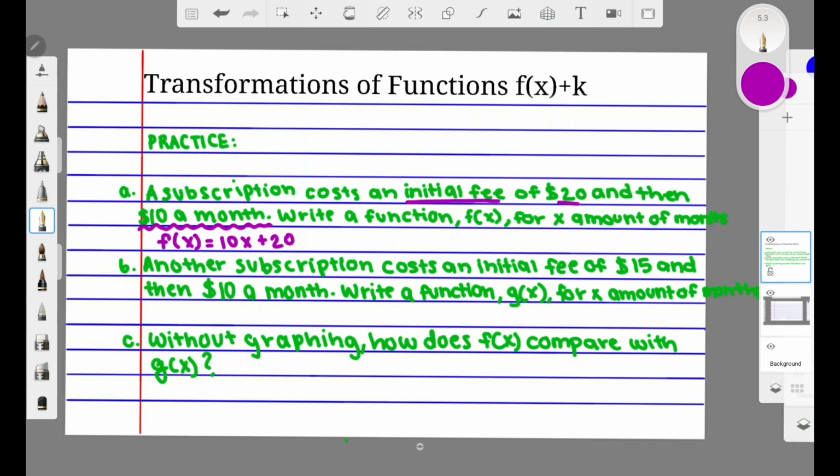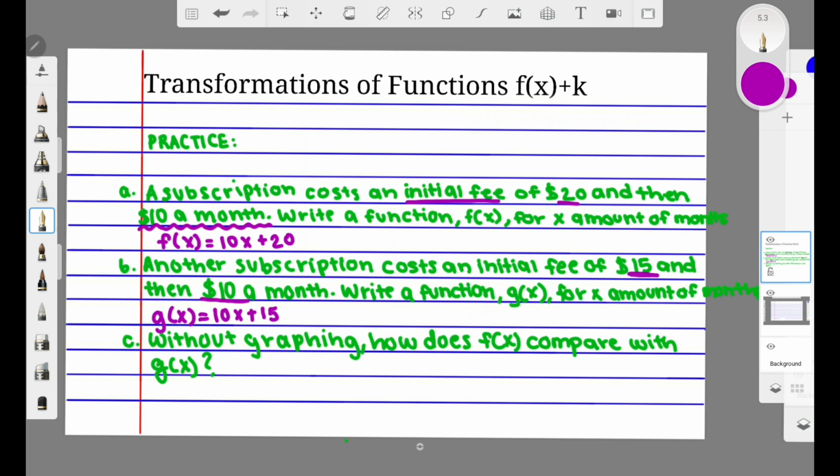So f of x is equal to 10x plus 20. Now the second subscription, we're going to do the exact same thing except write g of x. The slope is still $10 a month, but the initial fee has changed to 15.